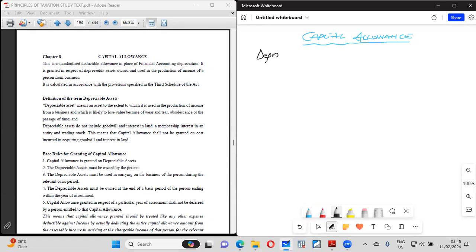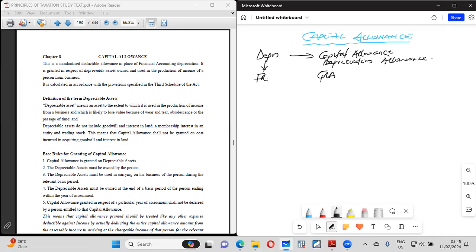Depreciation is used in reporting, and the way we calculate depreciation from the GRA perspective, they call it what? Capital allowance, or depreciable allowance, all right? What happens is that the GRA will ignore or add back your depreciation and grant you your depreciation allowance or capital allowance. All right, so basically that is that.